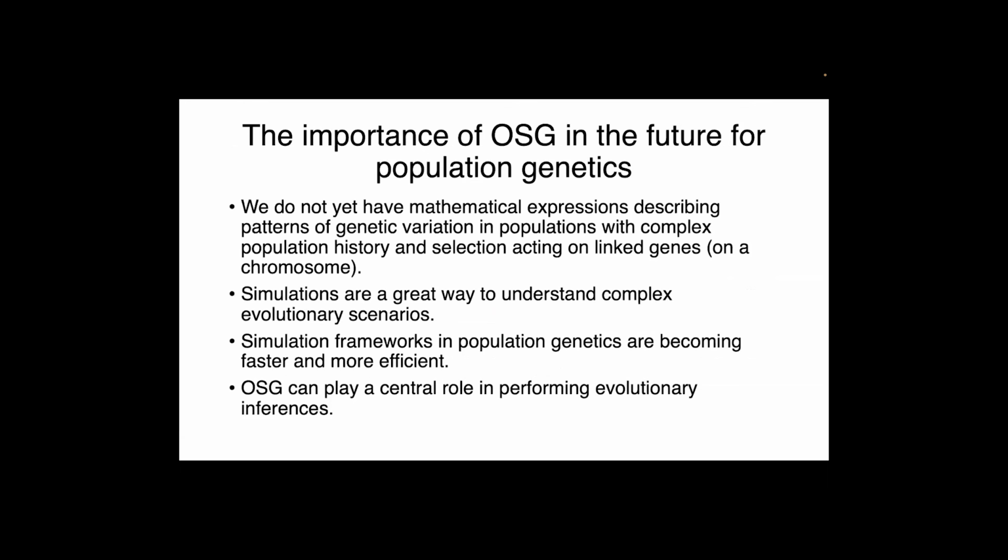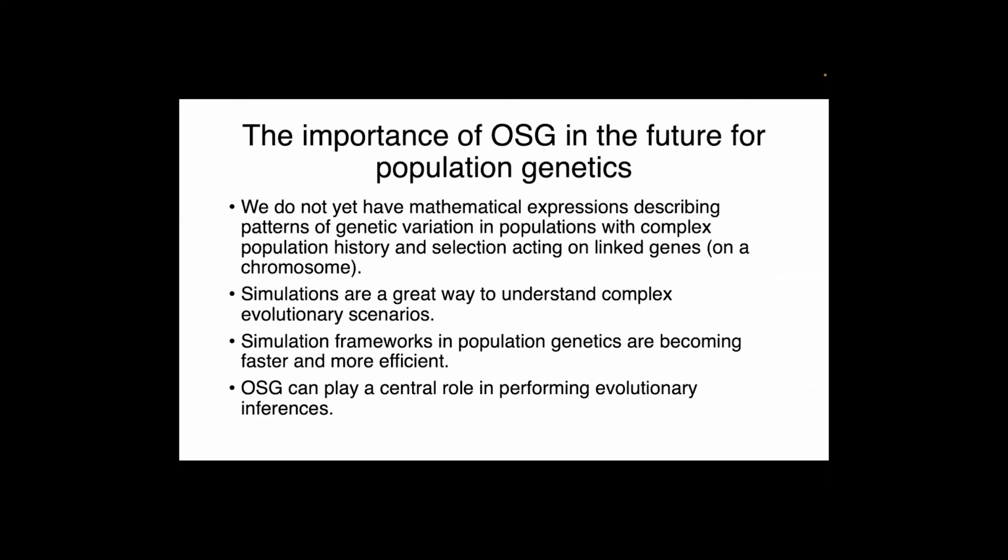So I just want to end with the importance of OSG in the future for population genetics. I want to emphasize again that we don't yet have mathematical expressions describing patterns of genetic variation in populations that involve complex population history and selection acting on linked genes on a chromosome.